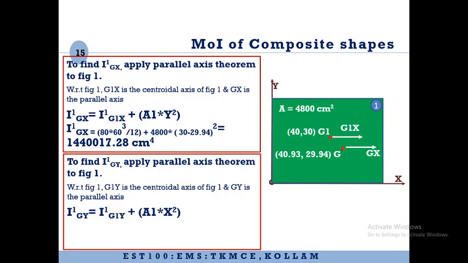X is the difference of the x coordinates of G and G1. So 60 into 80 cube divided by 12 plus 4800, the difference between the two y axes being the difference of the x coordinate of G and G1. We will be getting the value as 2564151.52 centimeter raised to 4.